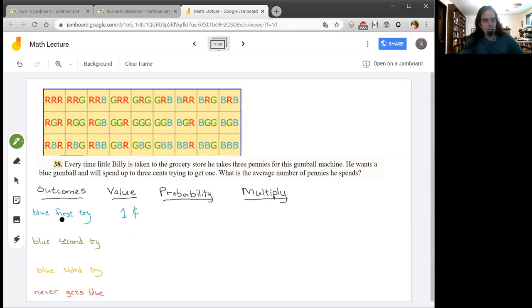So if he got lucky and he put 1 penny in and got his blue and stopped, then that would only cost him 1 cent. If it didn't happen, he would keep going. So now he spent 2 cents. And if he gets his blue, he'll stop. He'll save his penny for next time. If he still hasn't gotten a blue, he's going to try again.